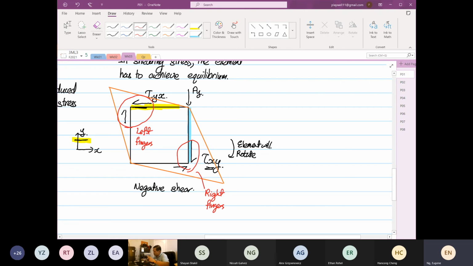Let's say the element is flexible, and I want you to squeeze them. When you squeeze them, the deformation looks like this. Does that make sense?